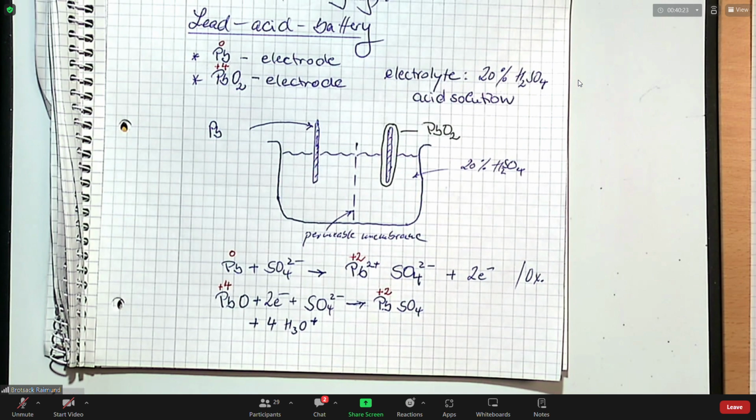Now the next step follows, balancing the number of elements. We have one lead, fine. We have one S, fine. We have 4O, 4O, but here it doesn't work. So how do we have to go on?